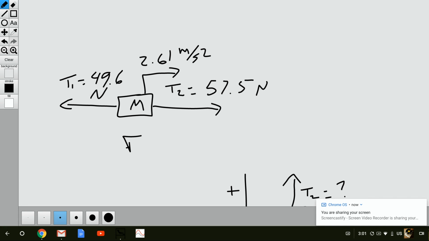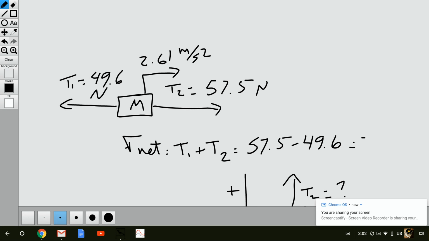If we do an F net equals T2 minus T1, we get 57.5 minus 49.6. When we put that into the calculator, we get 7.9. So that means F net is 7.9 to the right.